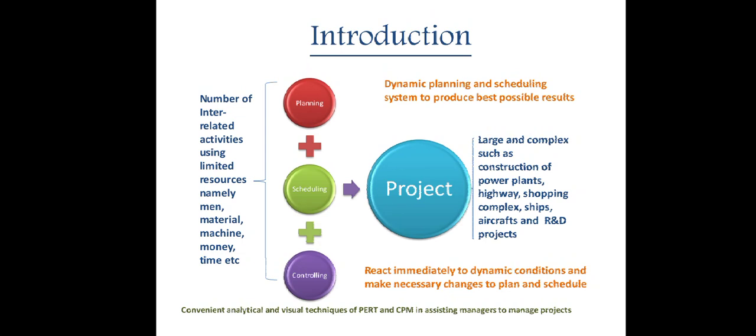Controlling helps them to immediately react to the dynamic conditions. What are the dynamic conditions? Which are ever changing in nature. To such conditions, controlling helps to react immediately and make necessary changes in the project planning and scheduling.